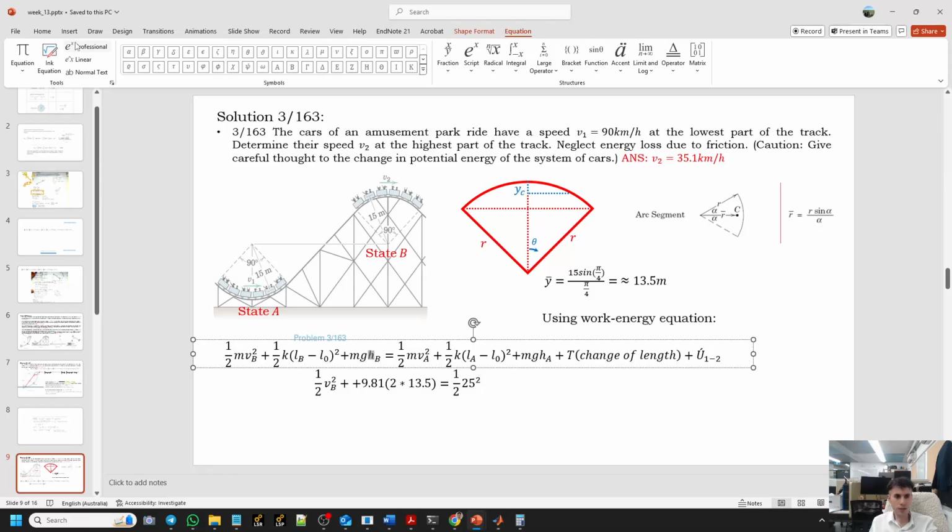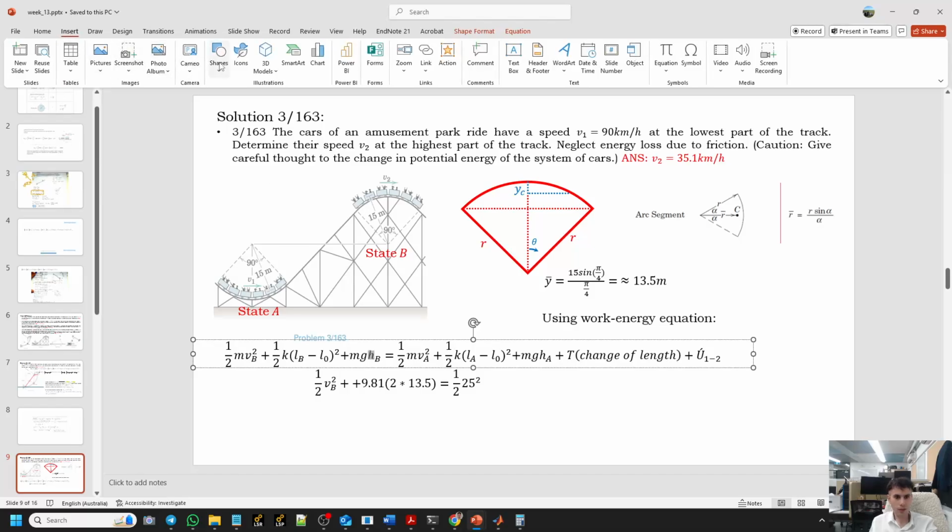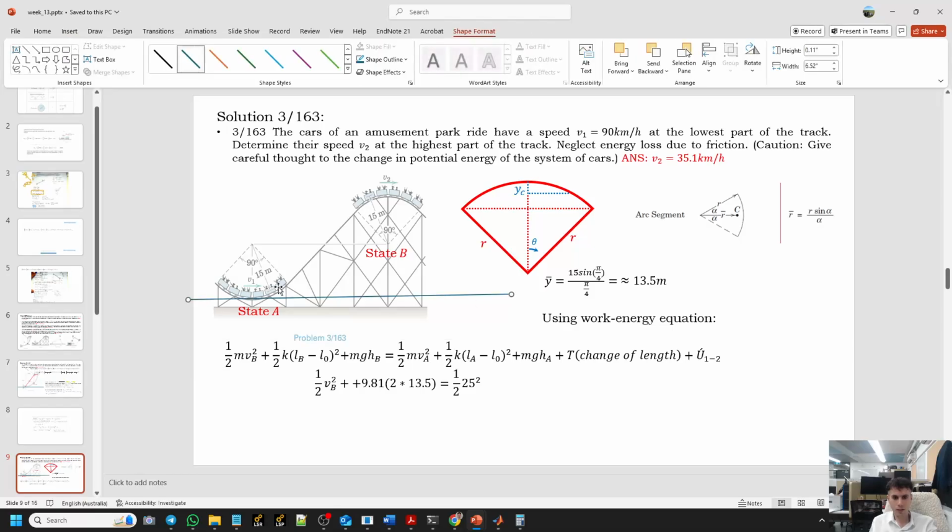If you consider a line here, you might say the H for this point is different from this point and this point. So in this kind of question, we need to find the centroid of mass.